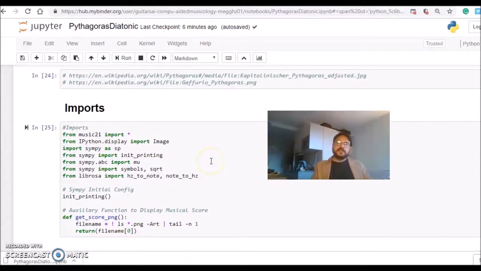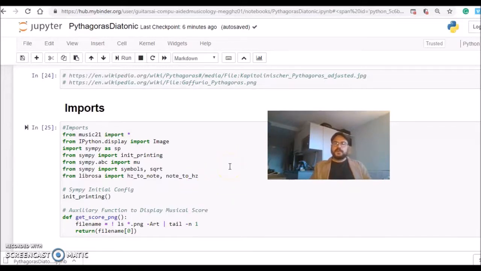I'm using the Music21 library to handle musical notes and pitches. Display, Python display and image, and these functions you're already familiar with if you're following other videos, are to display the musical score generated by Music21.